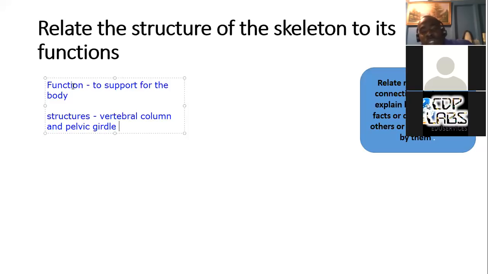Now, how is it that these two structures are able to provide support? What about the physical characteristics of it? You can describe the physical characteristics of these structures when you're making that answer.